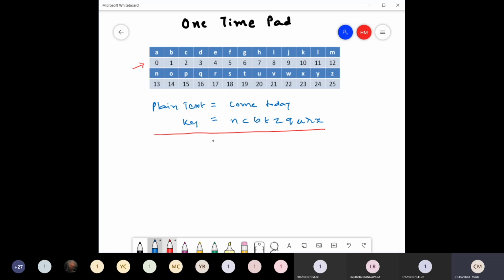So here I am again writing the plain text and the key elements.